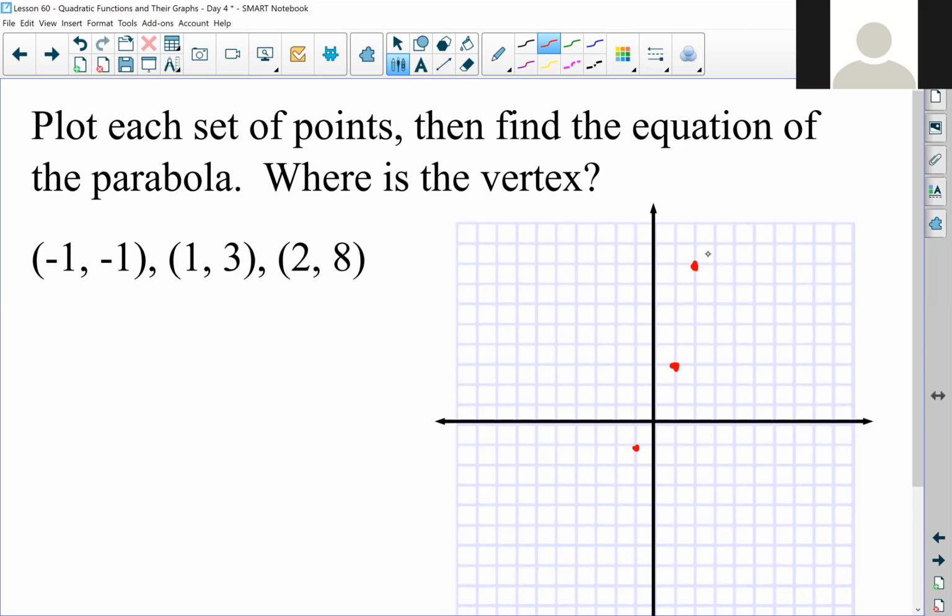All right, so same idea here. Our y value is going to be a times our x value squared plus b times our x value plus c. And we're going to do that 3 times.